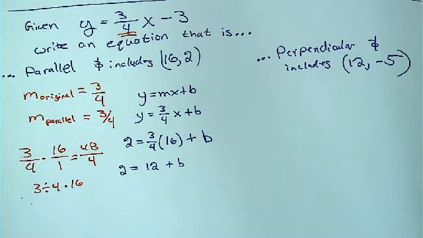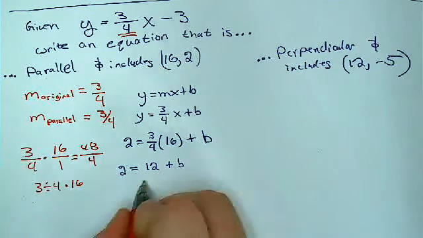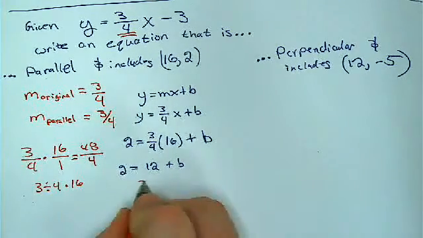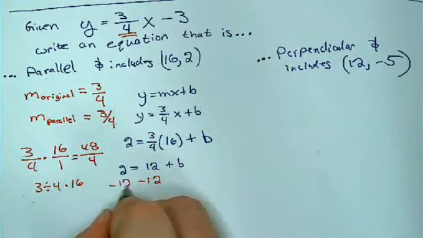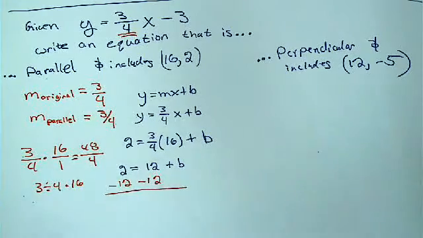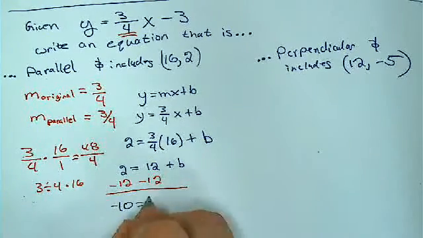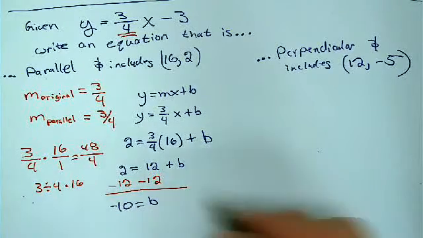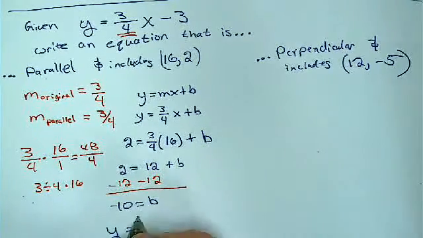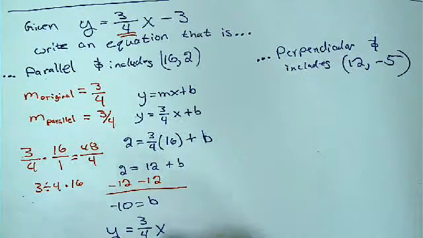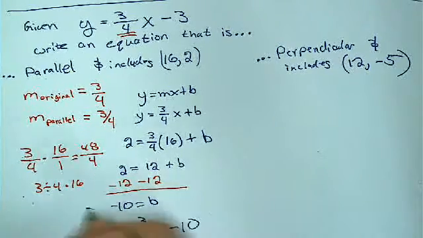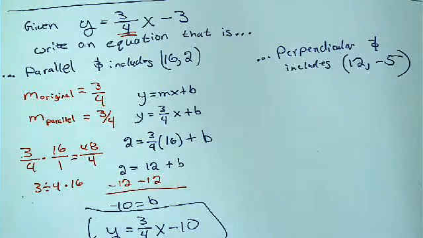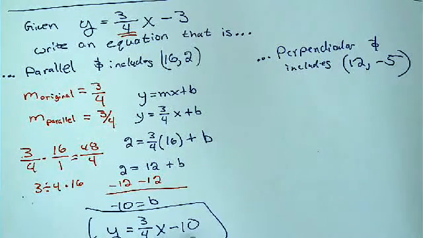Well, I'm not done yet. I still have to finish the problem off. And what this gives me, negative 10 equals b. So when I write my final equation, there's an equation, y equals 3/4 x minus 10.